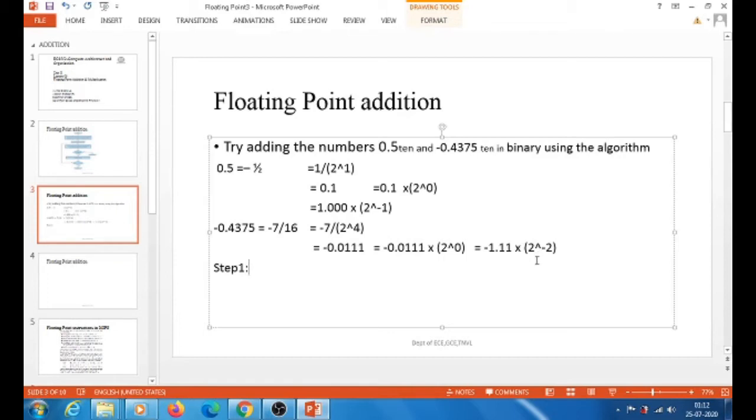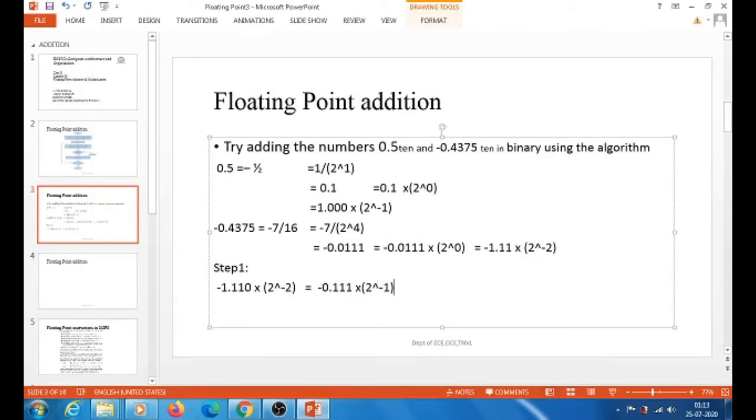So what I must do is that this minus 1.110 into 2 power minus 2 can be written in terms of 2 raised to minus 1 as minus 0.111 to the base 2 into 2 raised to minus 1.